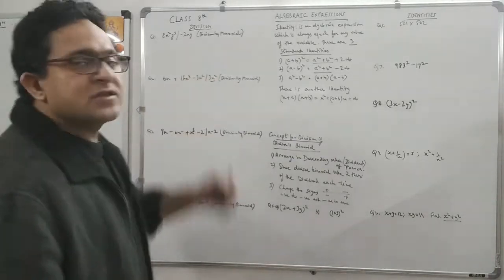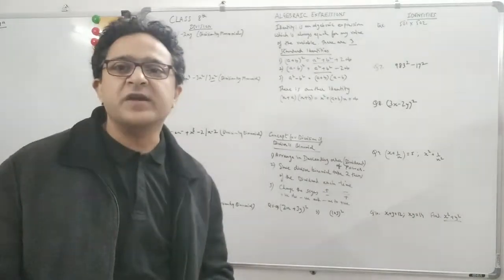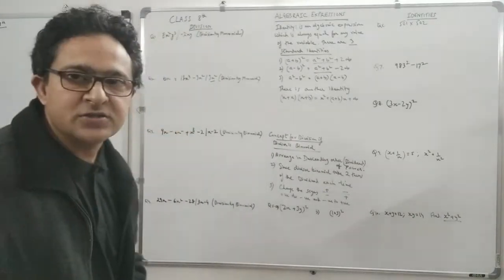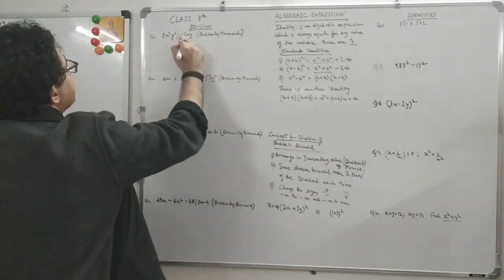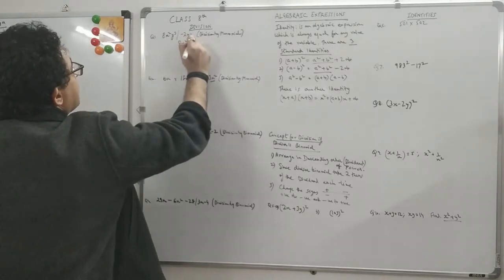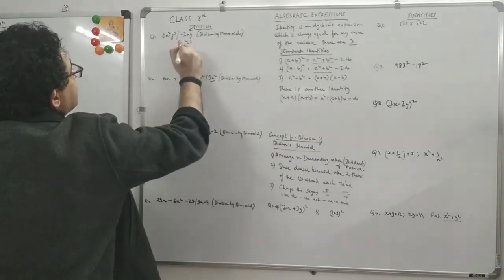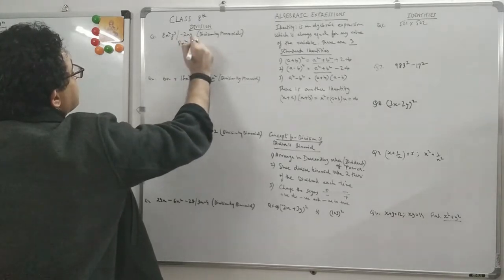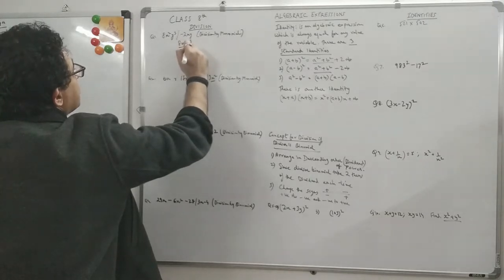In case your divisor is a monomial, each term of the dividend will be divided by the monomial. Let's do it. 8x squared y cube upon minus 2xy. We divide this by minus 2xy.